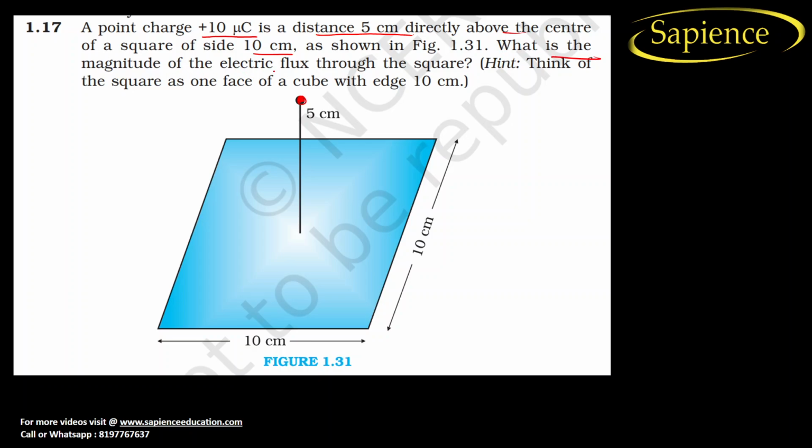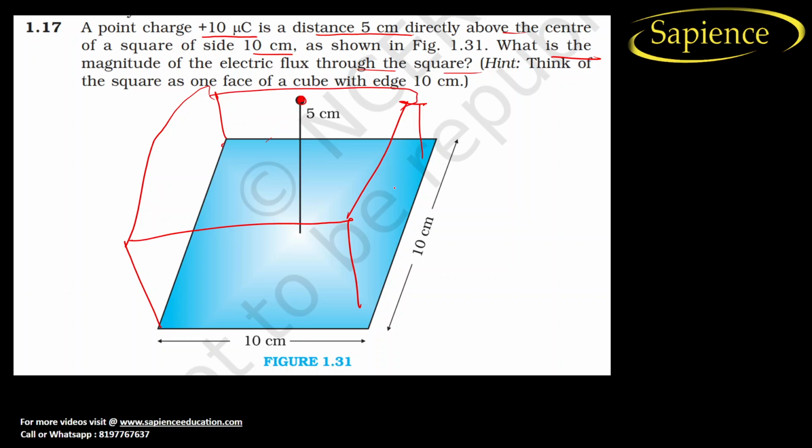What is the magnitude of the electric flux through the square? Think of the square as one face of a cube with edge 10 centimeter. They are just giving you a hint that you need to think of this as a cube with the charge inside it, so how do we find the flux? Just pause the video and think about how to solve this type of problem.